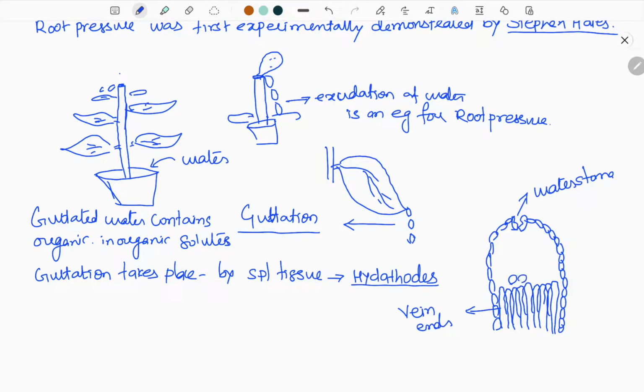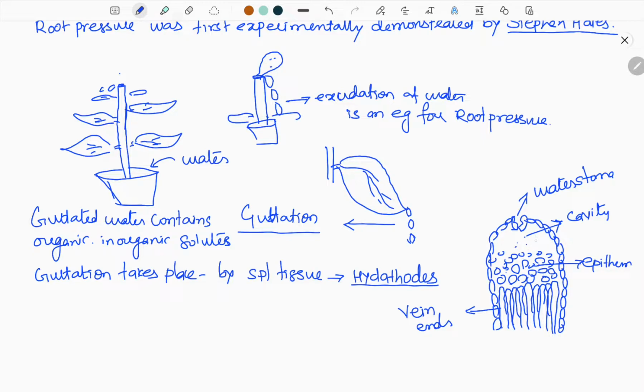Now here we find loosely arranged mass of parenchyma tissue called as epithem. Now here we find the water cavity of the water stoma. Now look here, water reaches from vein ends into the epithem. From epithem it reaches to the cavity.